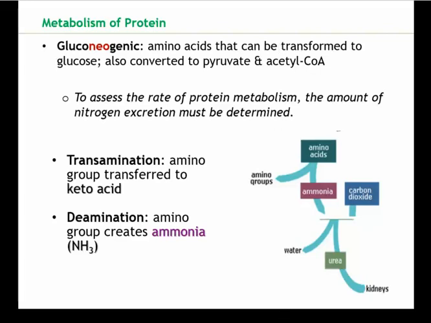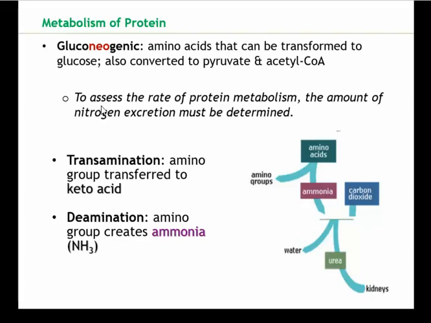So kind of let's go over this process in detail. So protein can provide energy through several different pathways, but before an amino acid enters into a bioenergetic process, it must first have its amino group removed via transamination or deamination. And I'll go over what each of those mean in a second.